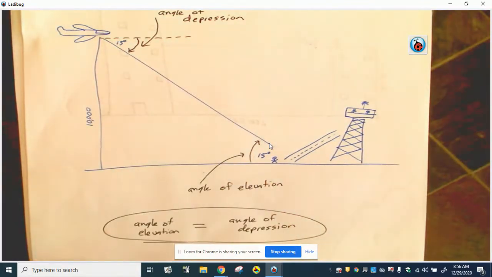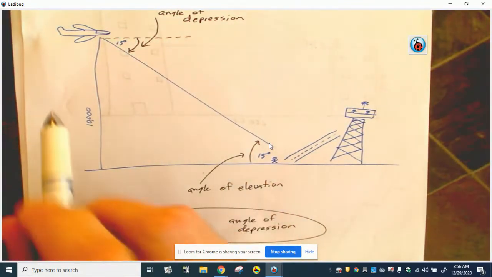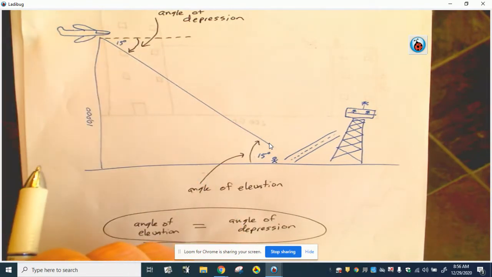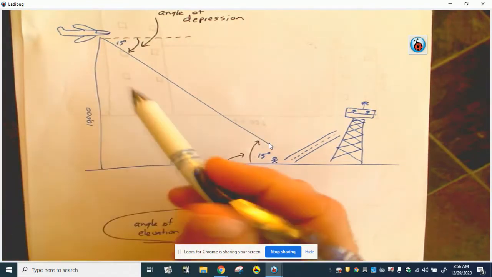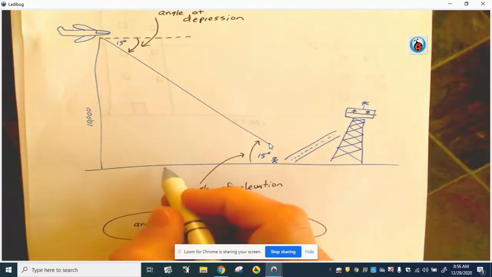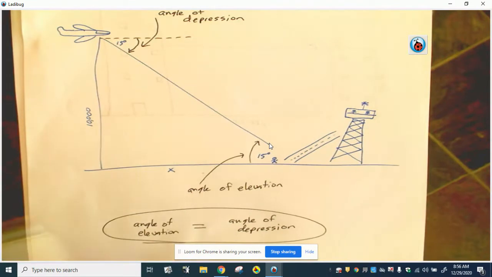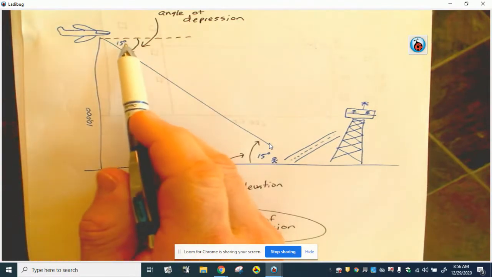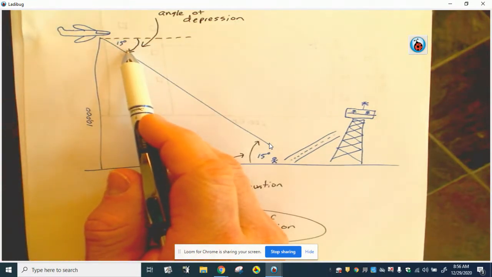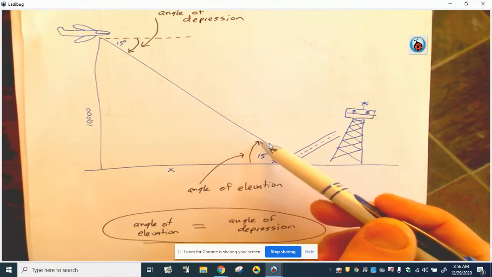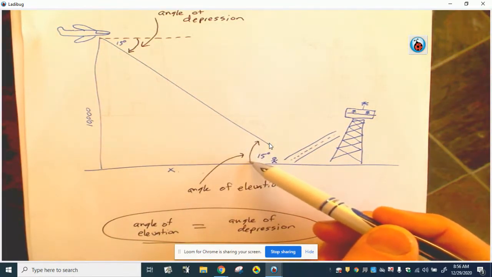Okay, so a story problem could read, you're in an airplane, you measure the angle of depression at 15 degrees to the airport, you're at 10,000 feet. What is the ground distance that you are away from that airport? So you have to solve this. Well, if you know that this is 15 degrees, you also know the angle of elevation, if someone was looking back at you, is 15 degrees.